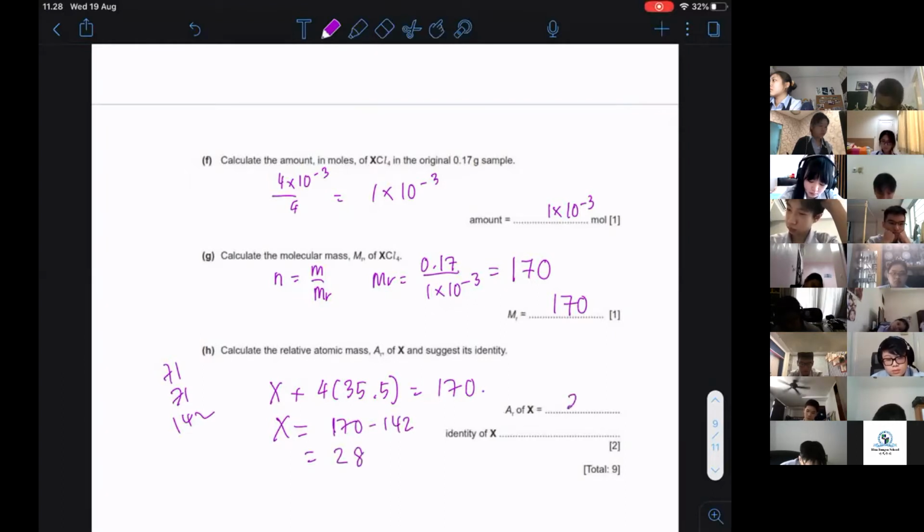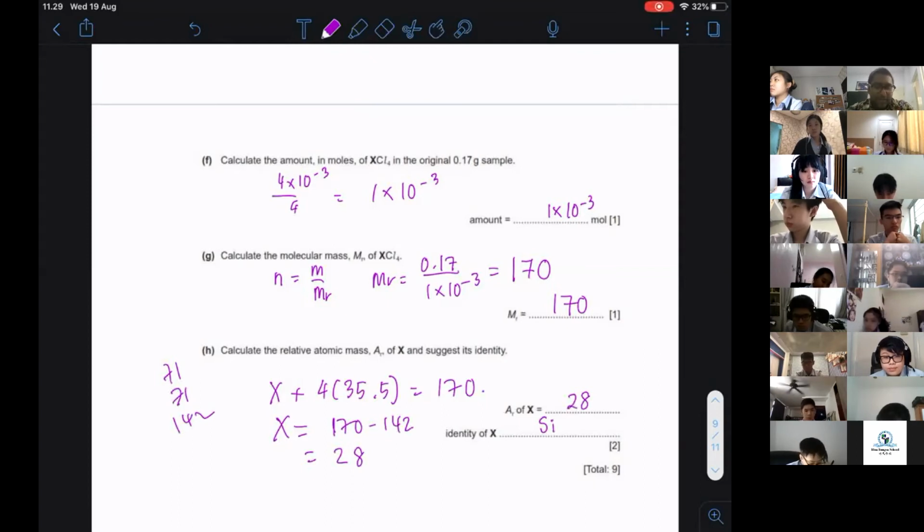So Ar is 28. So what is 28? Silicon. So the answer is silicon. Again, this is also 9 marks. We actually finished this in roughly 7 minutes.